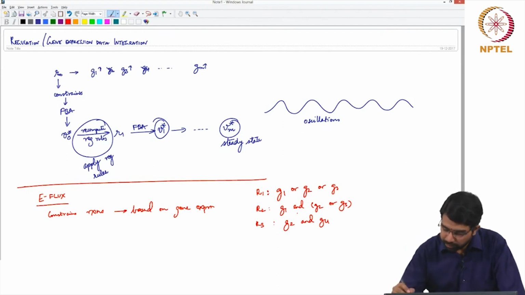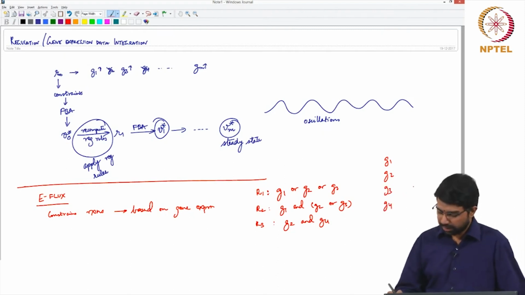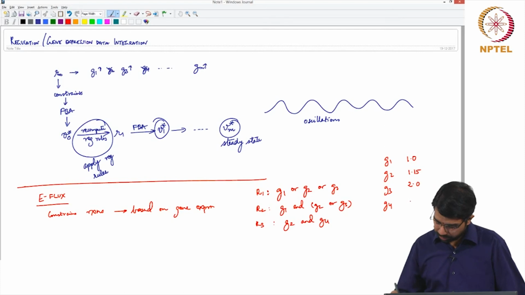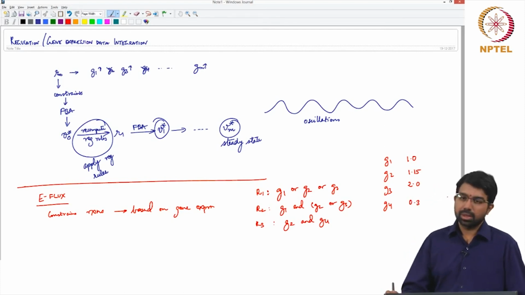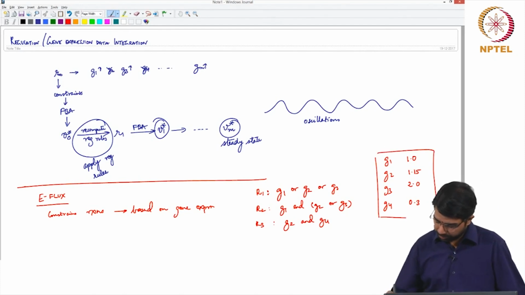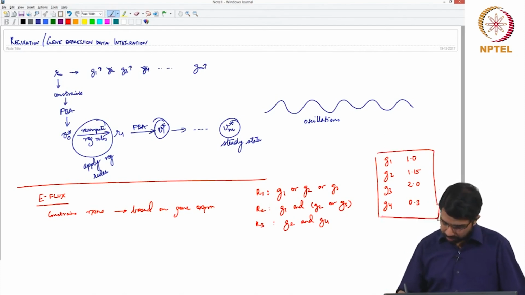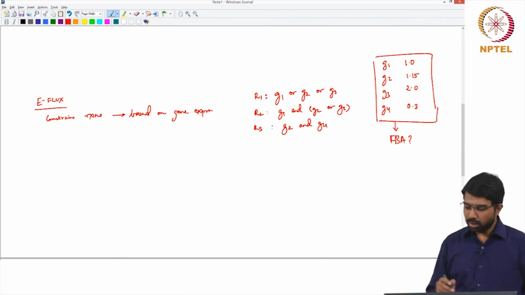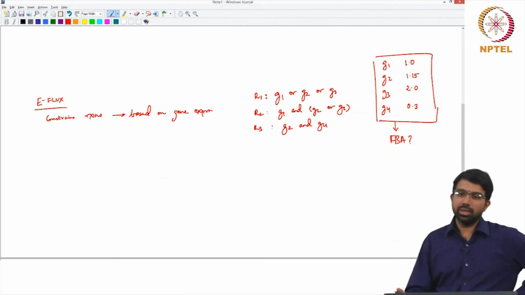Suppose I now know the levels of G1, G2, G3, G4 in a particular condition. Let us say they are all relative: G1 is 1.0, G2 is 1.15, G3 is 2.0, G4 is 0.3, right. So, now can I use this information to constrain my FBA?